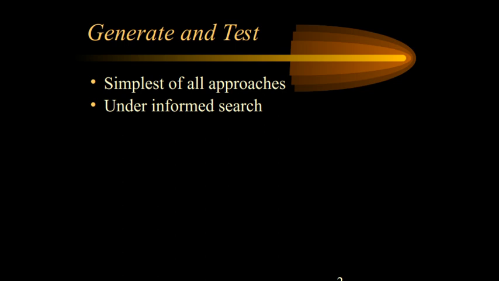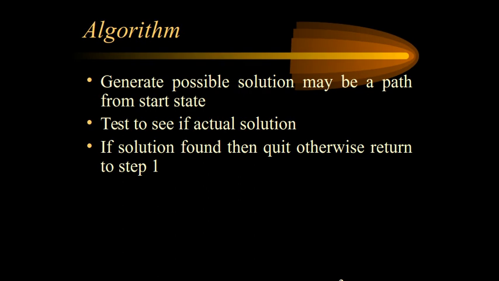Now come to the algorithm. Here a possible set of solutions are generated, and simultaneously compared with the goal state. The first step is to generate a possible solution. So what are the possible solutions?